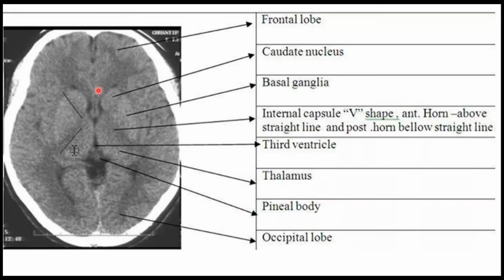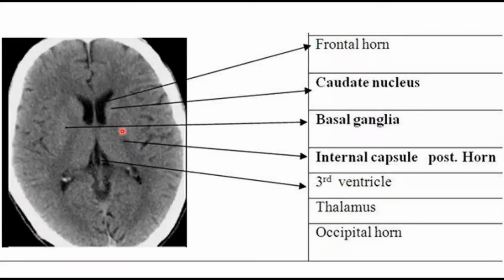Thalamus can also be seen posterior to the internal capsule. There is a pineal gland. Normally it's calcified, and in view the occipital lobe can also be seen. A sort of repetition, so the frontal horns of the lateral ventricle, and underneath there is a caudate nucleus.